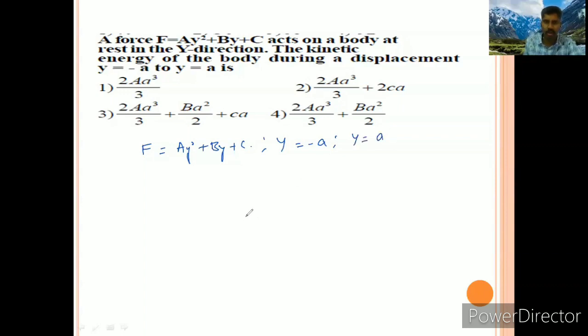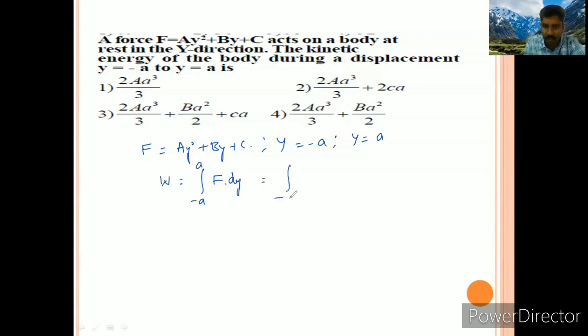So what we need to find here is only the work done. See here, work done is equal to force into displacement. They gave the limits, minus a to plus a, F dy we can write.